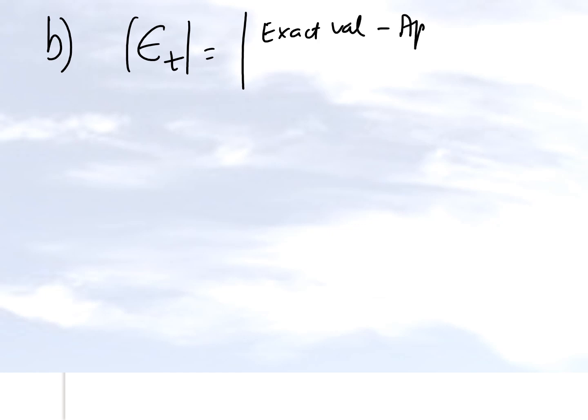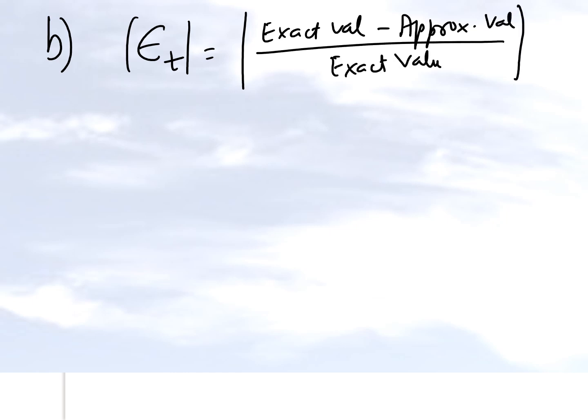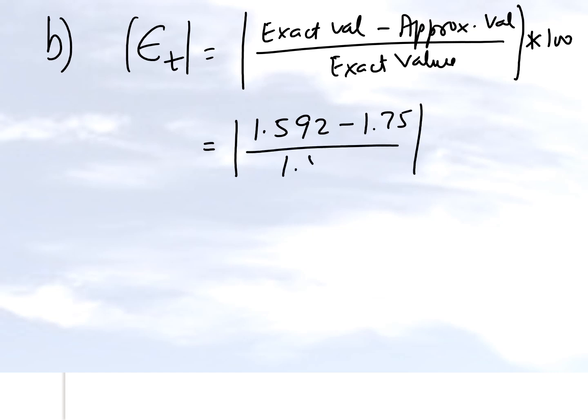Part B is asking us for the absolute relative approximate error, which is given by exact value minus approximate value, divided by exact value, and if you calculate in terms of percentage, it's multiplied by 100. The exact value is already given to us as 1.592. The approximate value we just found out to be 1.75, and we divide by the exact value, 1.592, times 100.